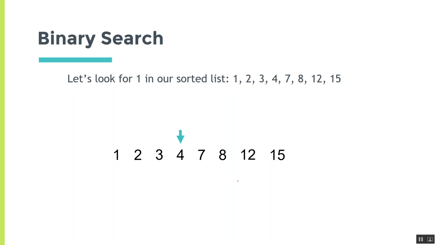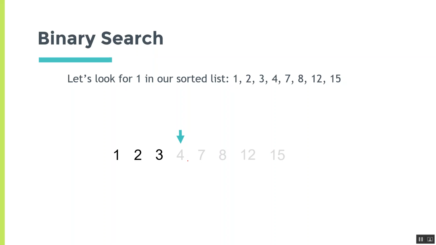If that's the case, we will ignore all the numbers that are greater than 4, including 4, just like this. So we don't have to search this part of the list, which makes our searching easier.